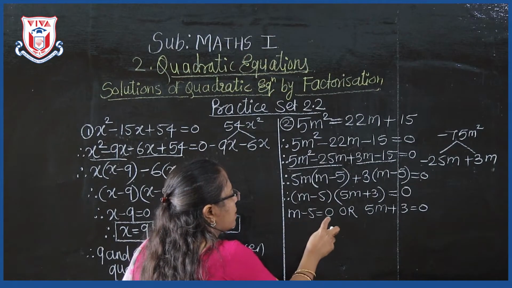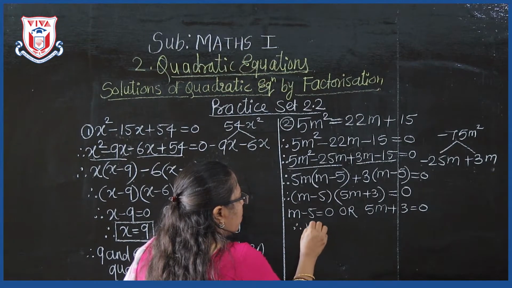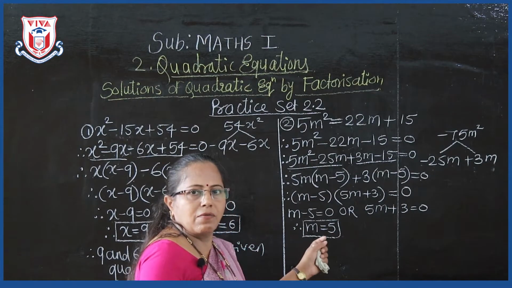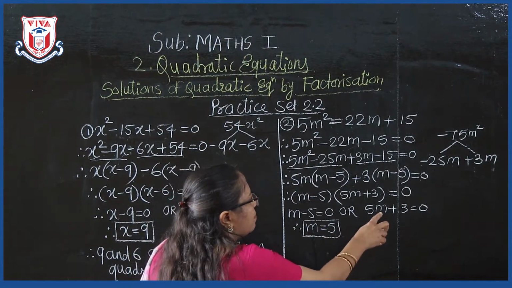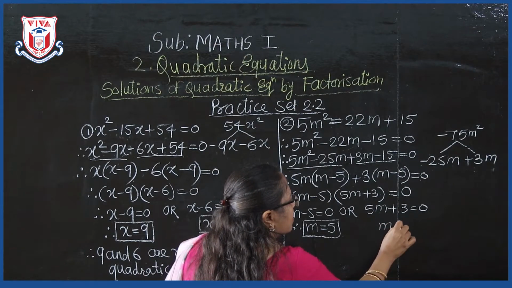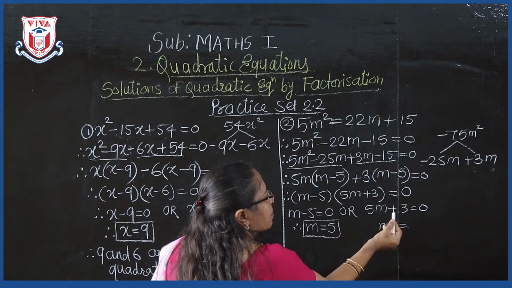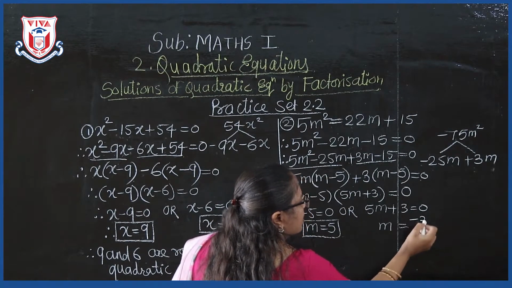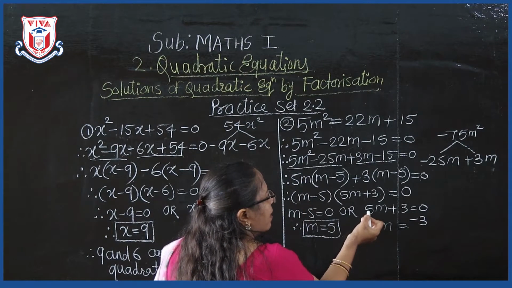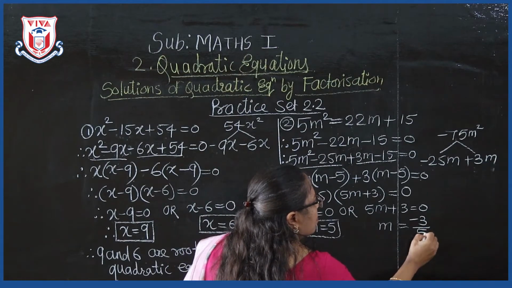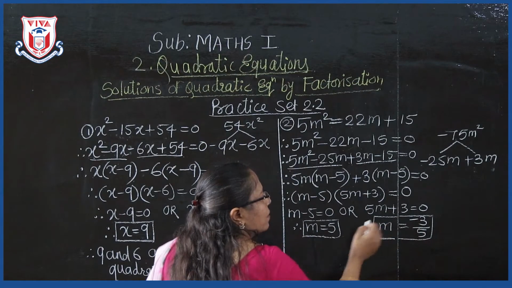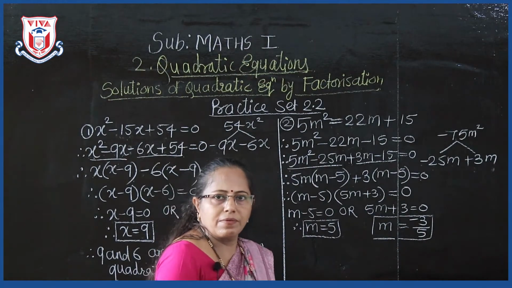m minus 5 equal to 0. Therefore, m is equal to 5. And here, first we will take this plus 3 on the right hand side. So we will get minus 3 and then we divide it by 5. So the second value is m is equal to minus 3 upon 5.